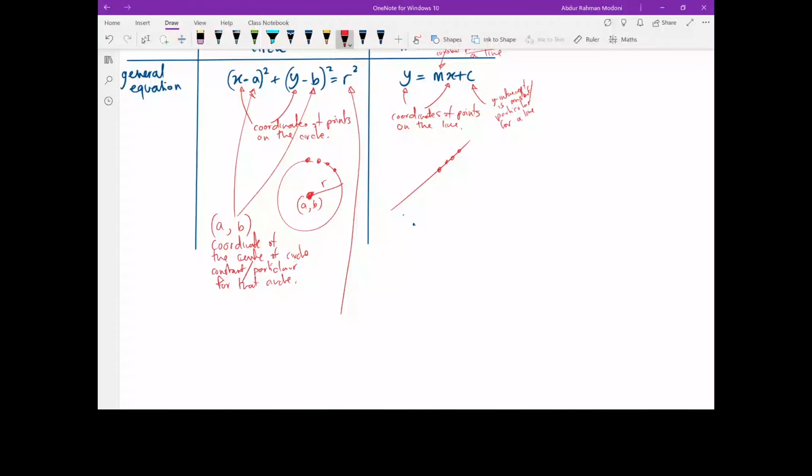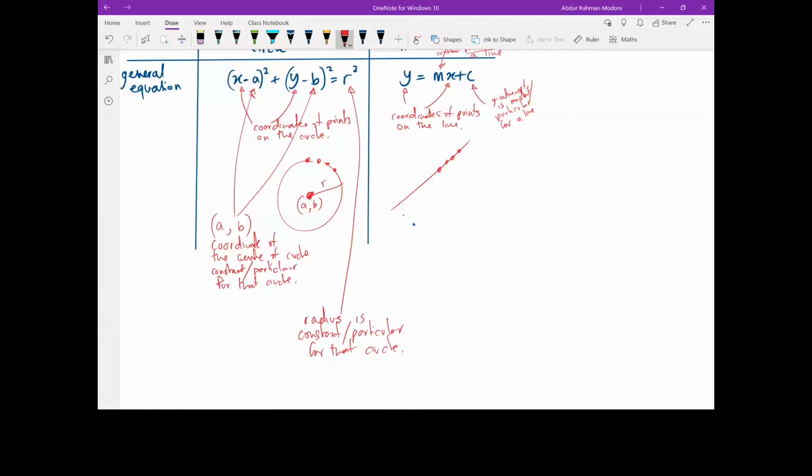So the radius r is constant, or particular, for that circle. So you can see the similarities between the equation of a line and circle. First of all, we've got the x and y, which are our variables, and then we've got these constants. For a circle, it's a and b, which is the center, and r, which is the radius. For a line, it was gradient and y-intercept.